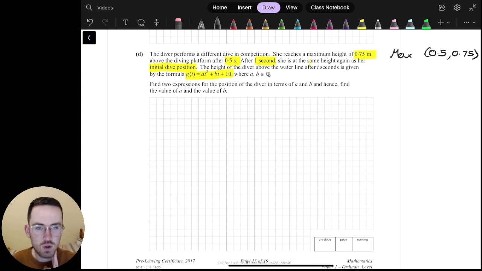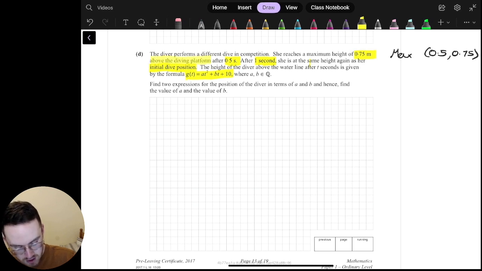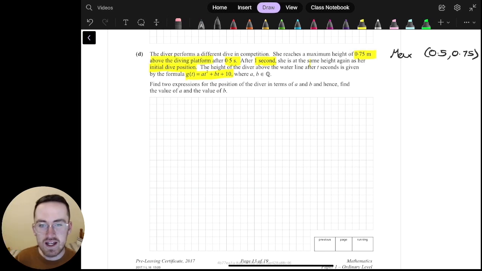Okay, so we have a little bit to do here. We know what our maximum height is, and we know what time she reaches that height. She reaches a maximum height of 0.75 meters above the diving platform, and that's important as well. So we first have to know how high the diving platform is. Well, we said it was 10 meters, and we can see here it's still 10 meters.